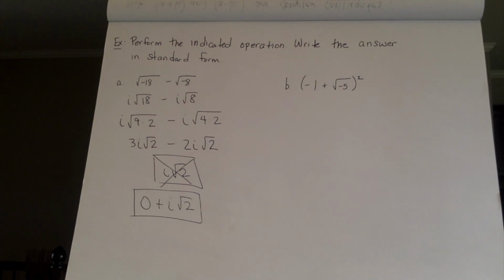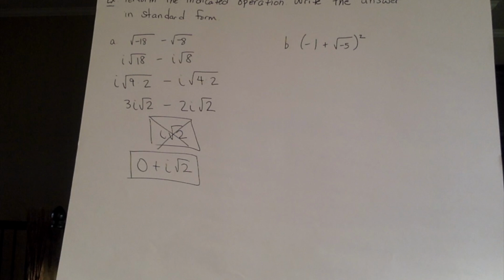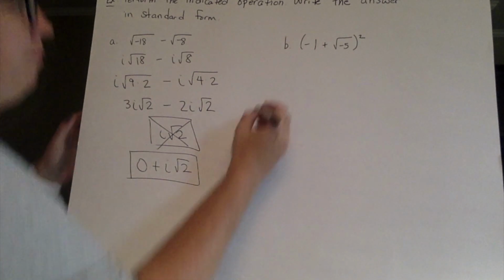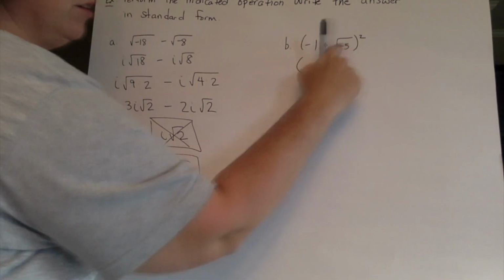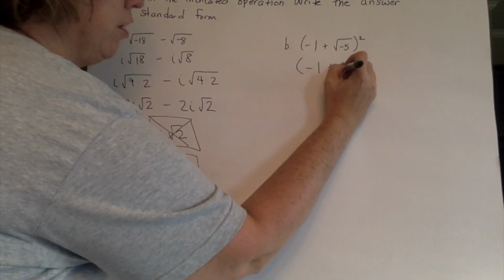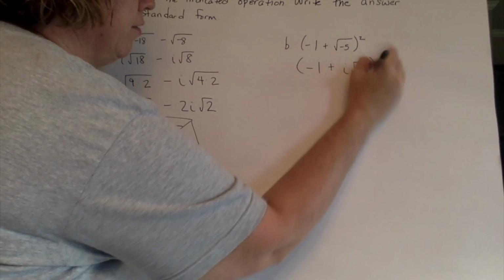Okay, last example. Now we're squaring the complex number negative 1 plus the square root of negative 5. Before I can do anything, I need to, again, simplify the square root of negative 5 and call that i square root of 5.